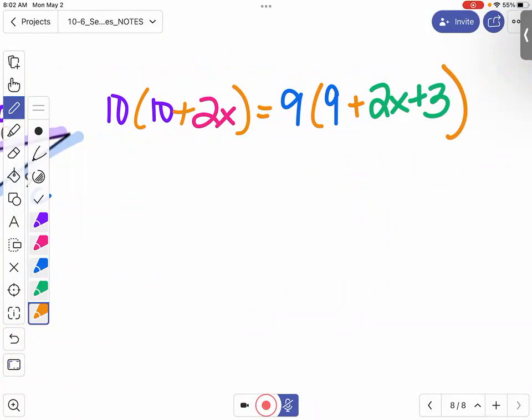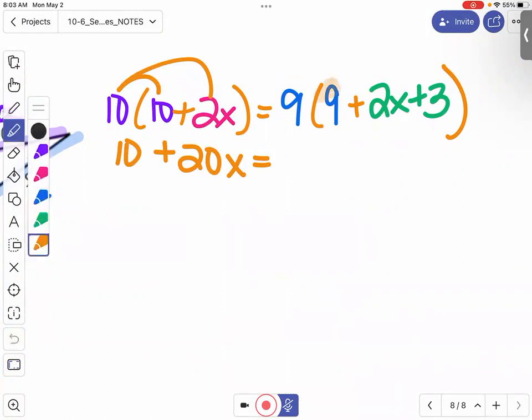So now let's get ready to kind of clean this up a little bit. So we can go ahead and distribute the beginning. So my 10 times 10, 10 times 2X. So I do have 100 plus 10 times 2 is 20 and the X. But before we distribute to the other side of my equal sign, let's go ahead and combine some terms on the inside of those parentheses first, because it's just a little less for us to multiply and deal with later.